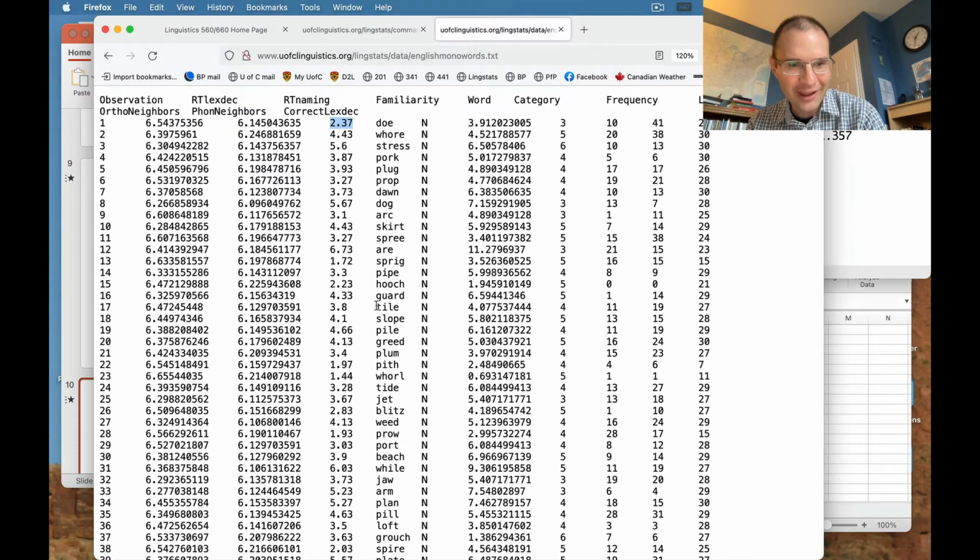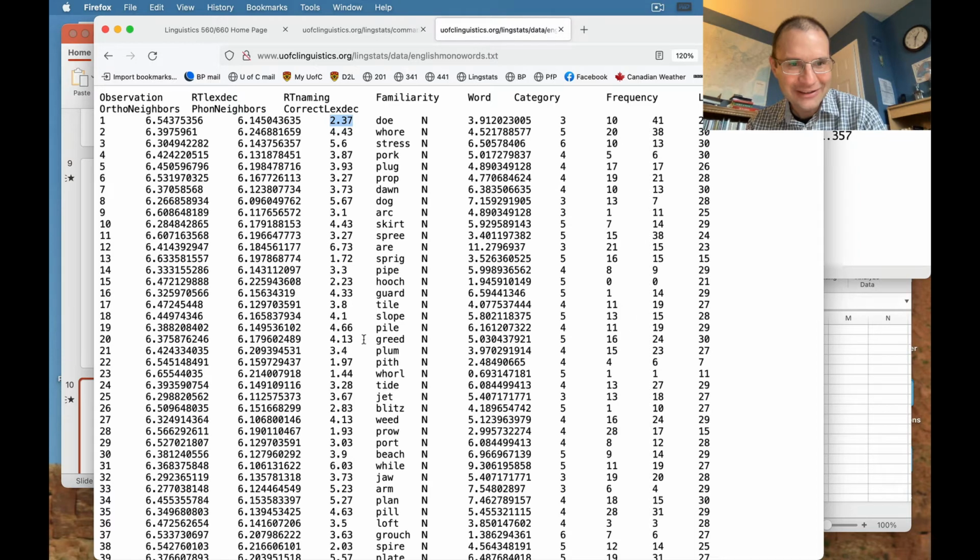So a really familiar word is R, which has a rating of 6.73. So we see this one a lot, right? So it's close to the limit. A word that's not so familiar is whirl, like a whirl in your hair or something like that. So that's down at the low end, like 1.44.